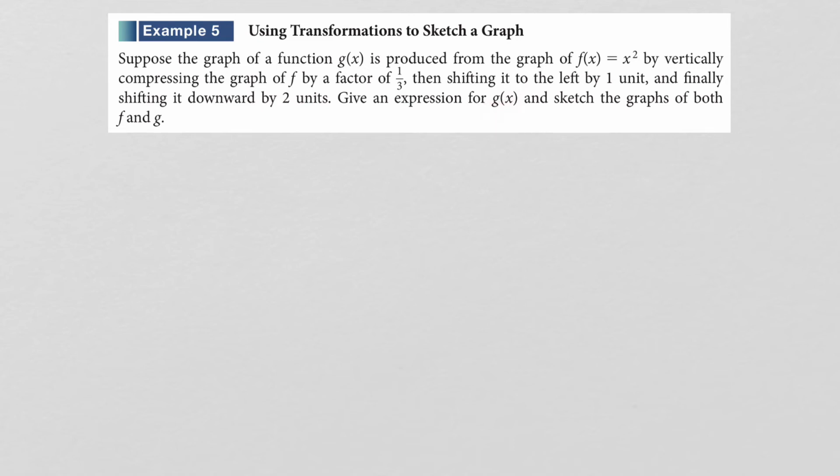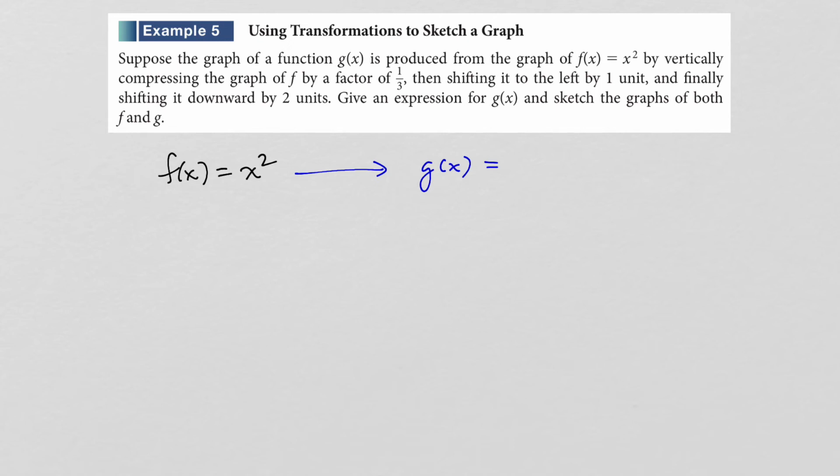Give an expression for the function g of x, and sketch the graph of both functions. So we start with f of x is equal to x squared, and then we're going to change that into g of x by transforming x squared by doing what they asked us to do here.